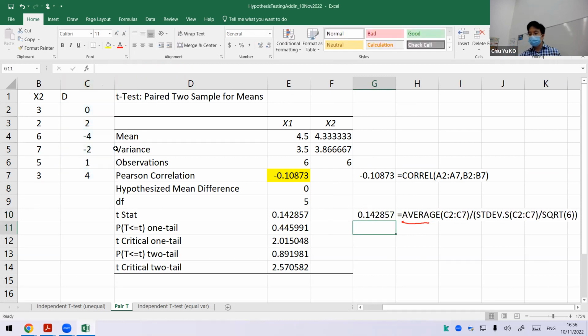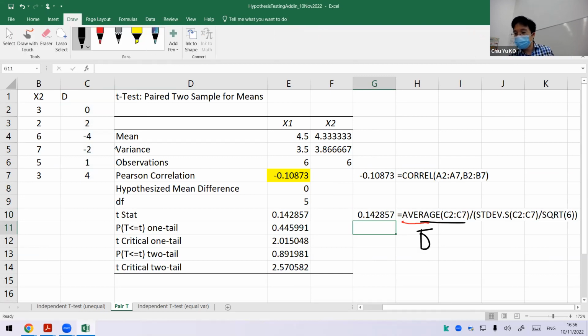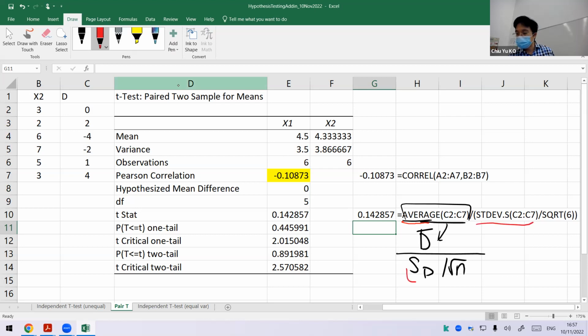So D-bar is just the numerator, right? And that will be S of D over root n. This is the average of D, so that's just the numerator, and the denominator is S of D over the square root of 6. That is how you calculate this from scratch. I guess the rest would all be very clear.